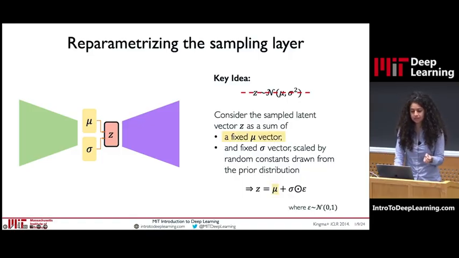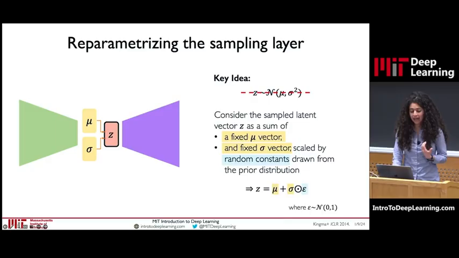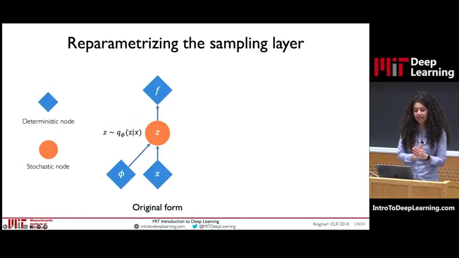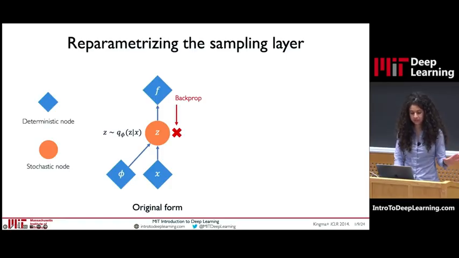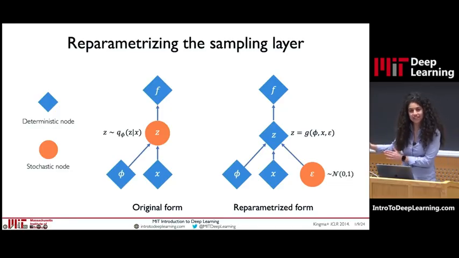Right, fixed mean, fixed standard deviation vector. And as a result, this effectively now diverts the sampling operation away from the latent variable z, where we cannot backprop through, but rather we can learn a fixed set of means, fixed set of standard deviations, and then divert the stochasticity to this variable epsilon.